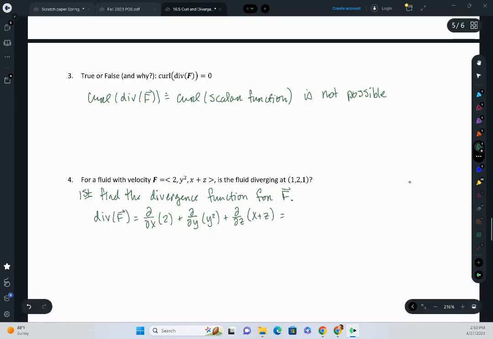Calculating those derivatives, I get 0 plus 2y plus 1. Or in other words, it's just 2y plus 1. So the divergence function of F is 2y plus 1.